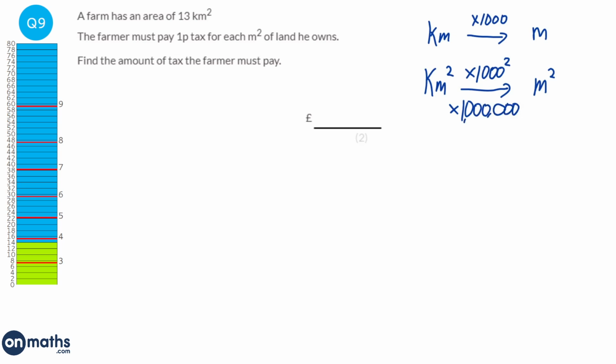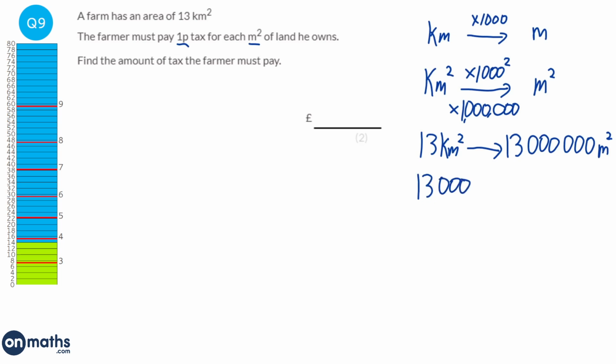So 13 kilometers squared is going to be the 13, and then it's going to be times by 1,000,000. So 1, 2, 3, 1, 2, 3. So it's going to be 13 million. Now, it says here the farmer must pay 1 pence tax for every metre squared. So this is going to be 13 million metres squared, and so that's going to cost him, or her, 13 million pence.